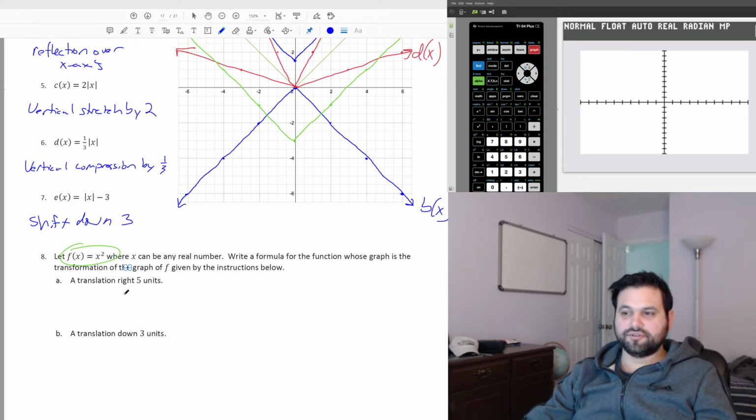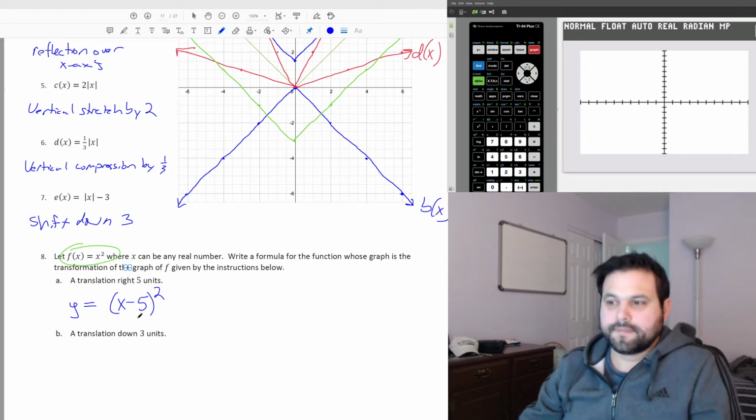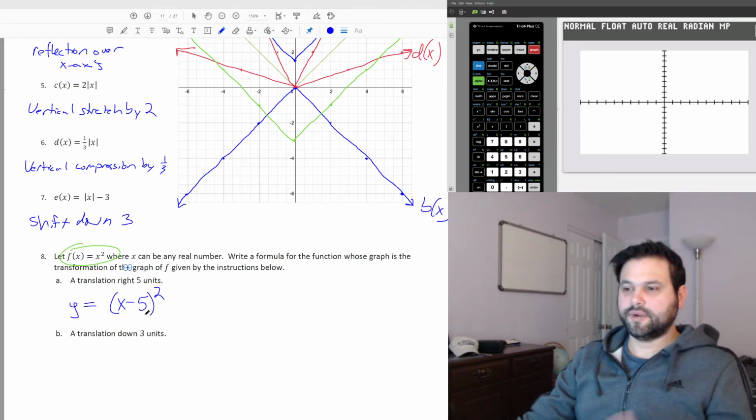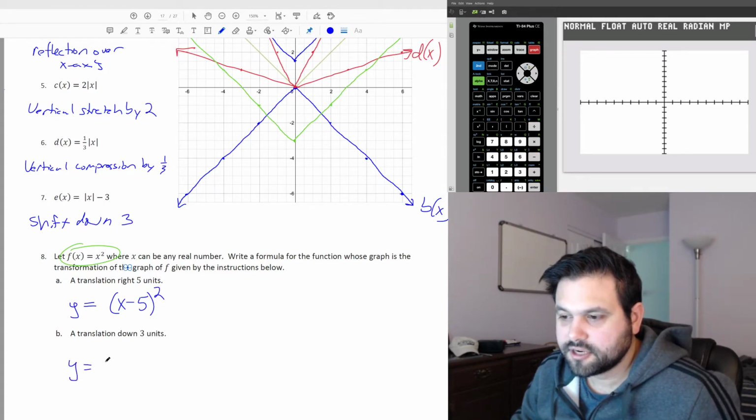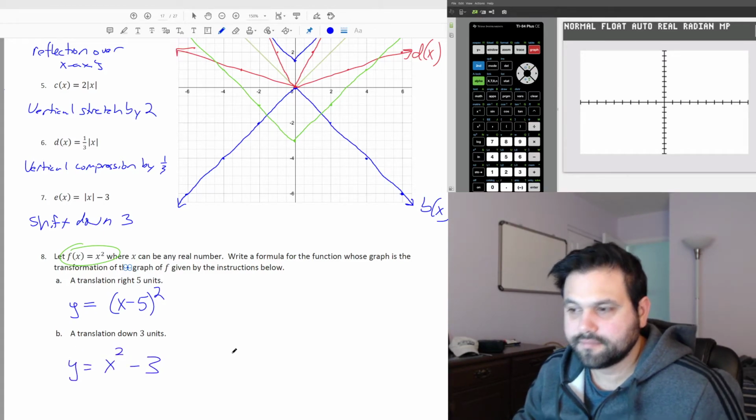So translation to the right 5 units means I'm going to be subtracting 5 inside the function. And so this would be the new function: (x minus 5) squared. If we're going to go down 3 units, it's going to be x squared minus 3.